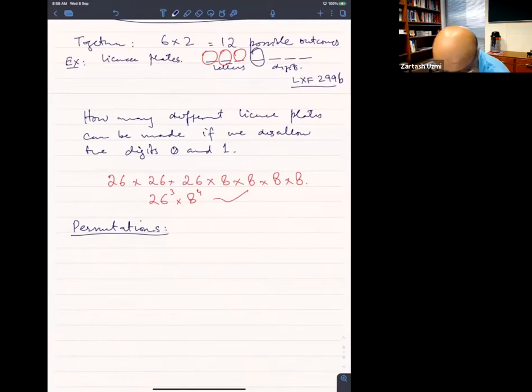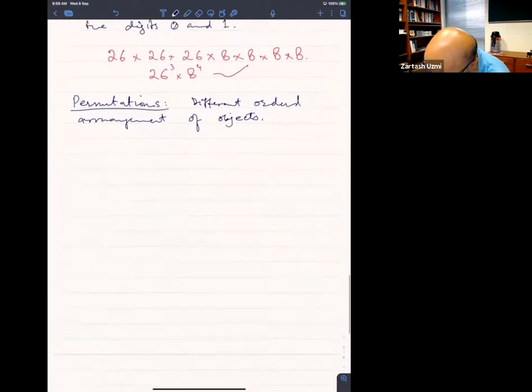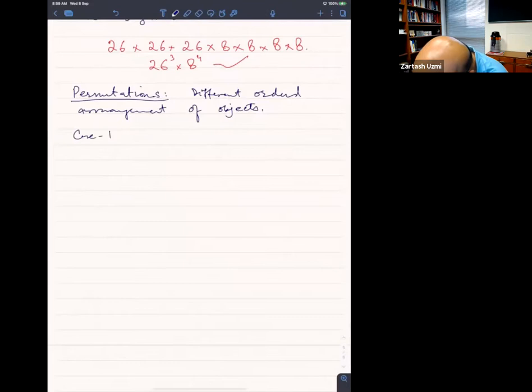Permutation is different ordered arrangements of objects. ये ऑब्जेक्ट्स जो हैं ये डिस्टिंक्ट भी हो सकती हैं, सारी ऑब्जेक्ट्स एक दूसरे से फर्क हो, और इनमें से कुछ ऑब्जेक्ट्स जो हैं वो सिमिलर भी हो सकती हैं. सो हम 2 केसेस इसमें कंसीडर करेंगे. पहला केस है केस 1, ऑल ऑब्जेक्ट्स डिस्टिंक्ट.